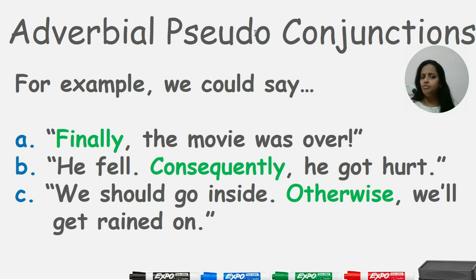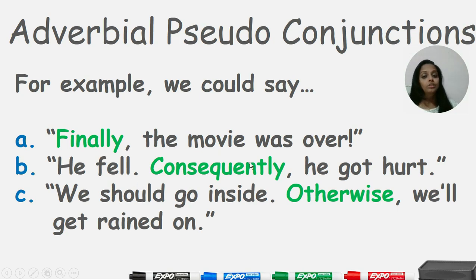So these typically follow a semicolon or period and are followed by a comma too. Examples include however, therefore, consequently, instead. All these are adverbial pseudo conjunctions. Got it? So they are like adverbs which connect two independent clauses. Remember that.